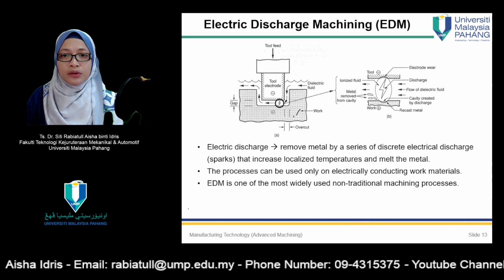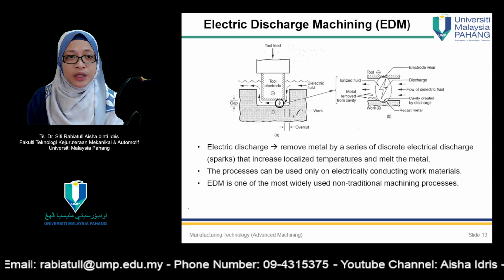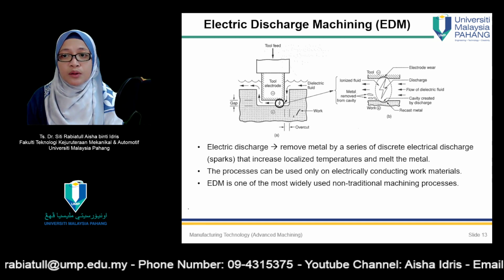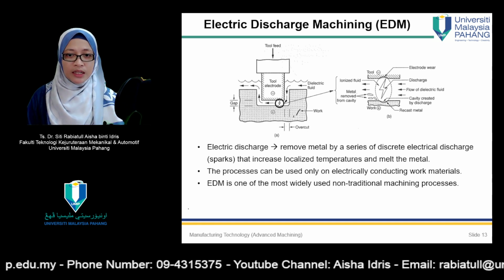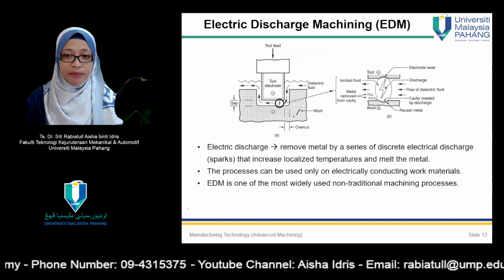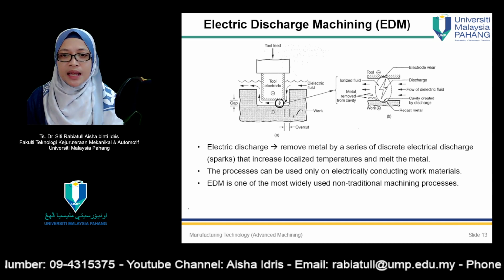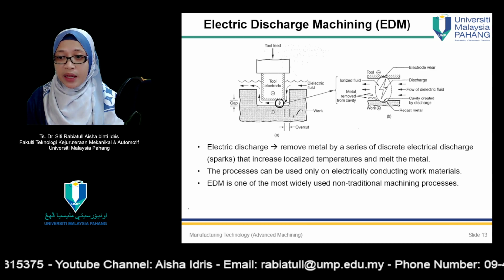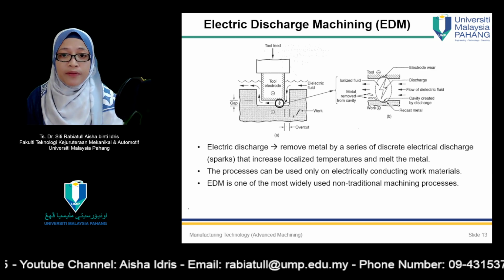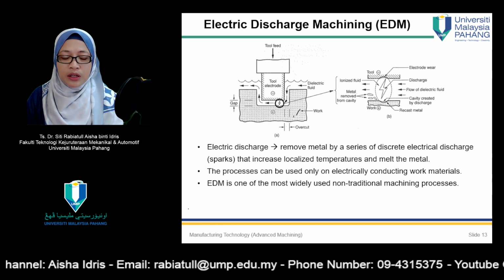Now let's move on to the second type of advanced machining process, which is electric discharge machining, EDM. Electric discharge machining is one of the most widely used non-traditional processes. An EDM setup is illustrated in figure A over here. The shape of the finished work surface is produced by a formed electrode tool.